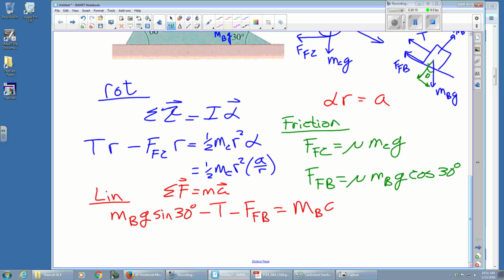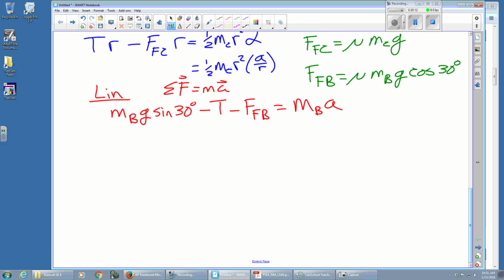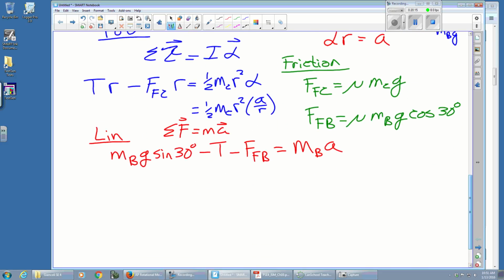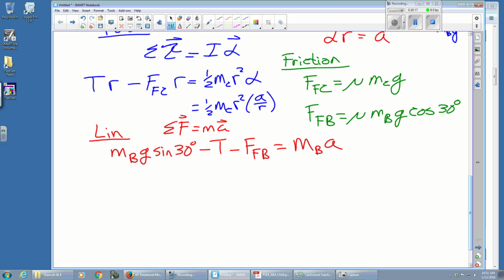Mass of the box times A. So nicely, I have both of those in the same sense. I'd like to get rid of tension, so maybe I'll solve this linear one for tension.